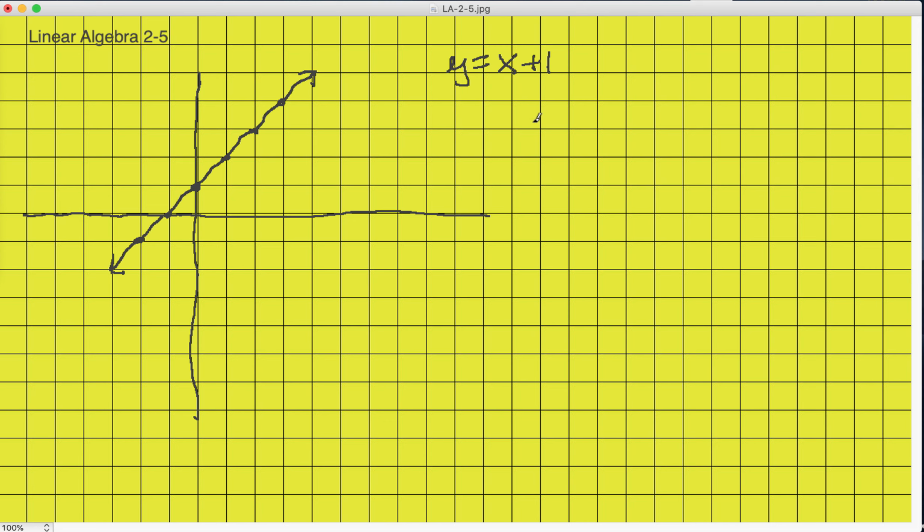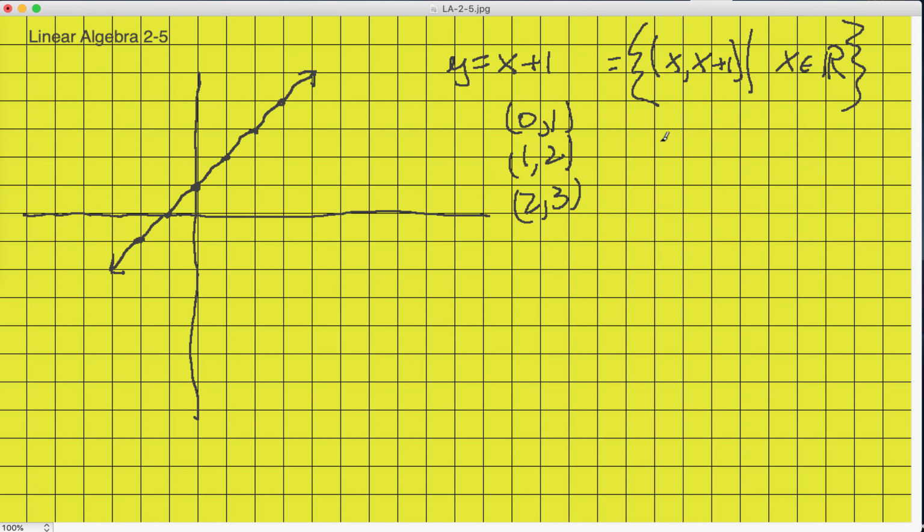So for example, this is going to have 0, 1 on here, 1, 2 would be on here, 2, 3. And in fact, this is going to be equal to the set of all x, x plus 1, such that x is contained in R. And even though this looks just like the last line that we drew, except everything was shifted up 1, you can see the big problem in here.